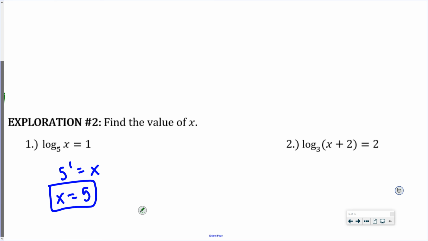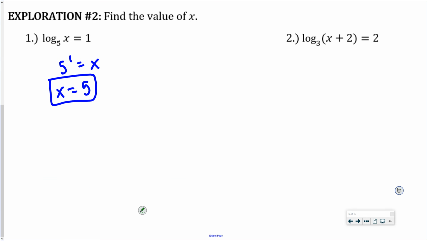They're inverse operations. They undo each other. So this is log base 3. What I could do is take base 3 and raise both sides as exponents, and that would get rid of that layer. I'd be left with x plus 2 equals 3 to the power of 2, which equals 9, which would have been the same thing if you rewrote this in log form. And we get 7.